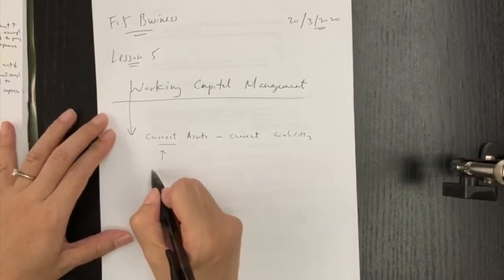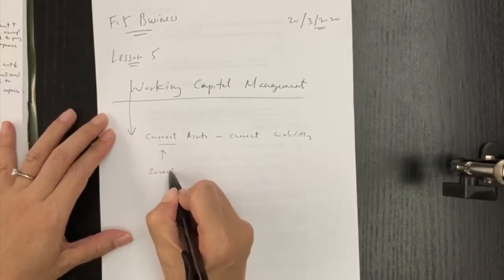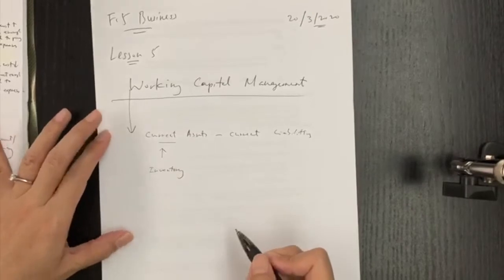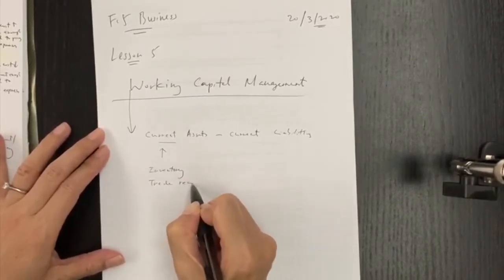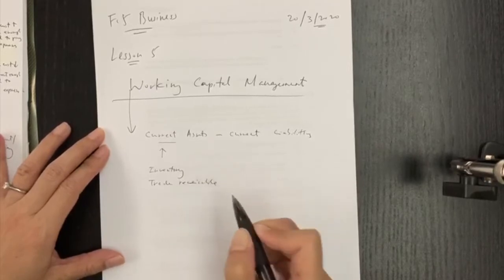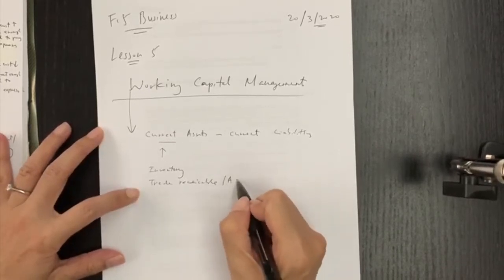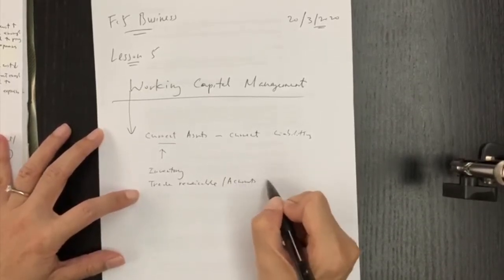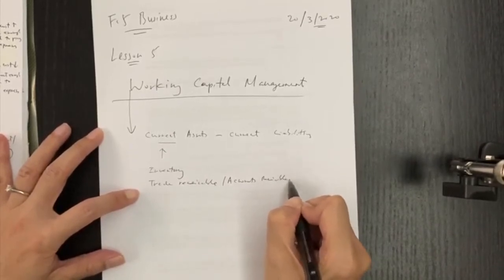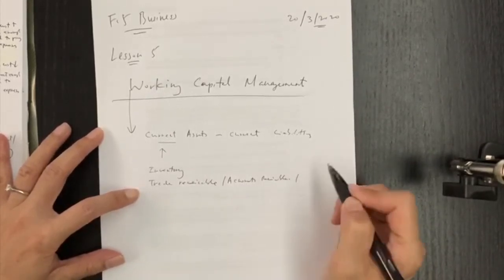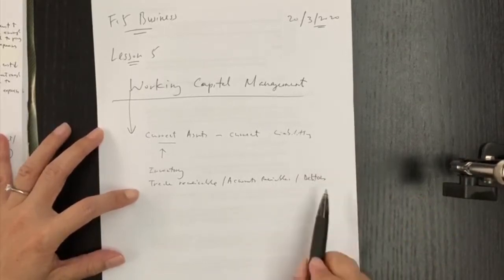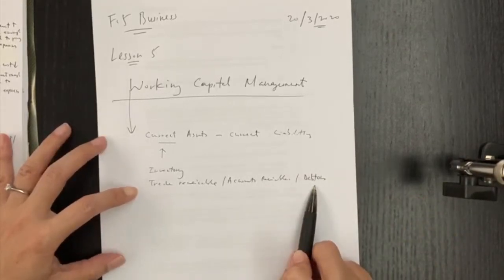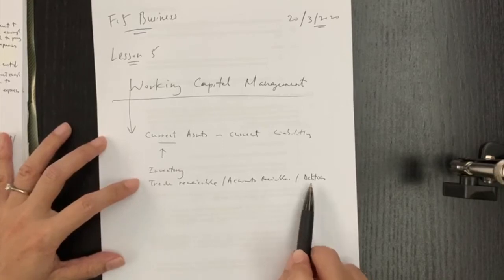We have inventory, and then trade receivable. Trade receivable is the same as accounts receivable, which is the same as debtors. Debtors here are our customers. We are going to receive money from our customers after making credit sales.